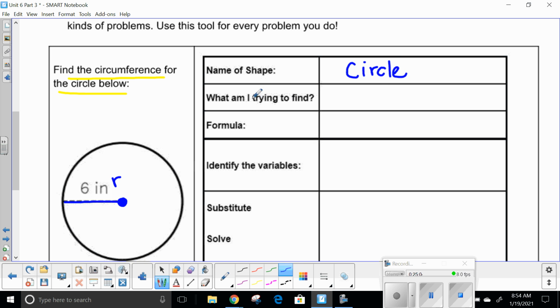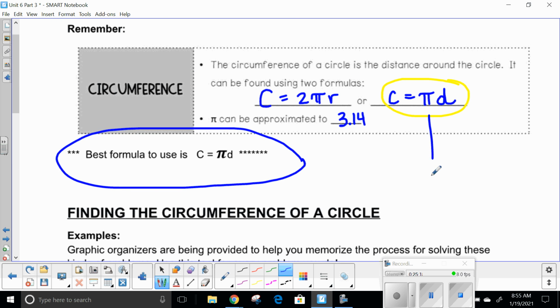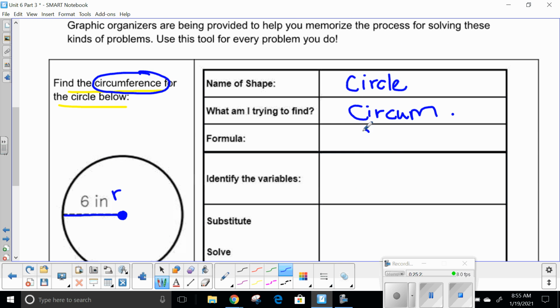And what are we trying to find? We're trying to find circumference, and I'm just going to write circum. Okay, I'm not going to write the whole thing out. Okay, and the formula, what formula did I tell us to use? The best one to use? Pi d. So we're going to say circumference is equal to the value of pi times the diameter.